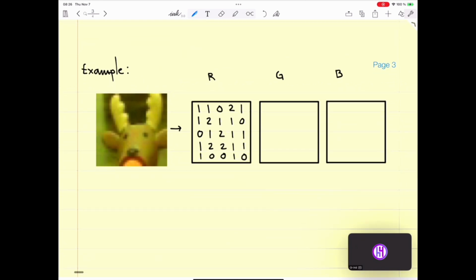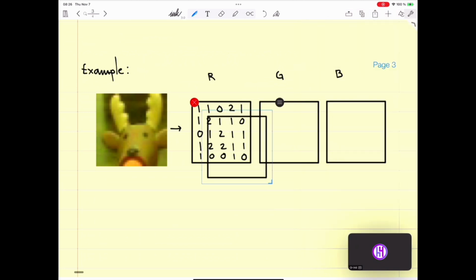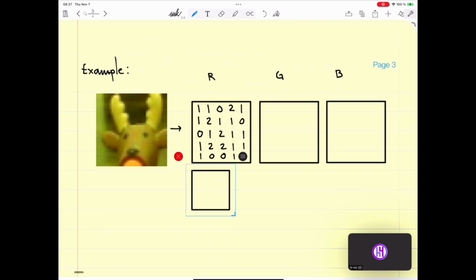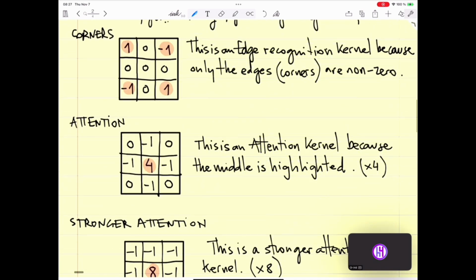Let's define our kernel. What do you want it to be? A tension or something more fun? Let's say we take an attention kernel, okay?